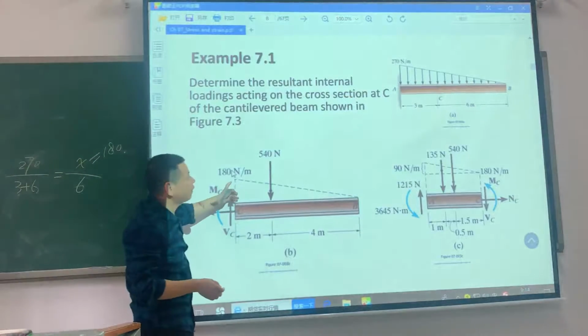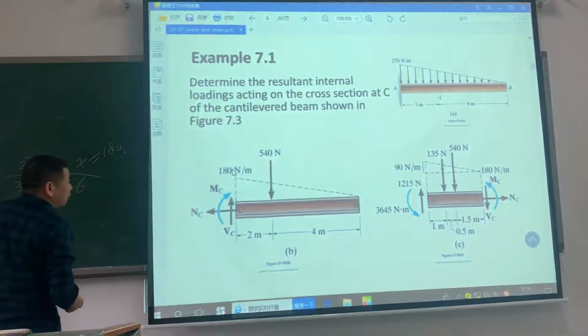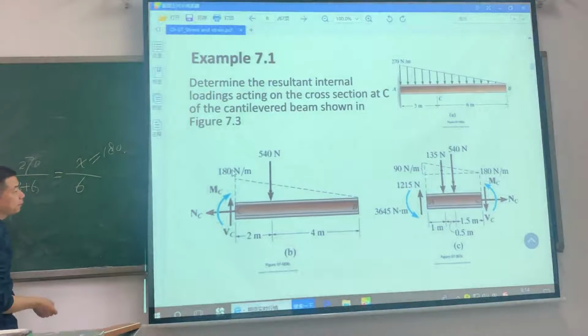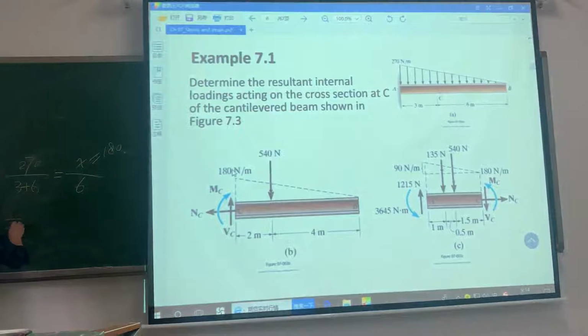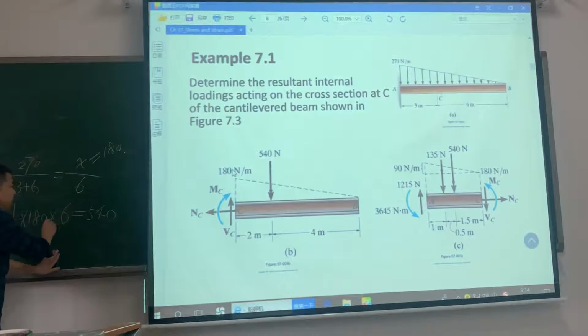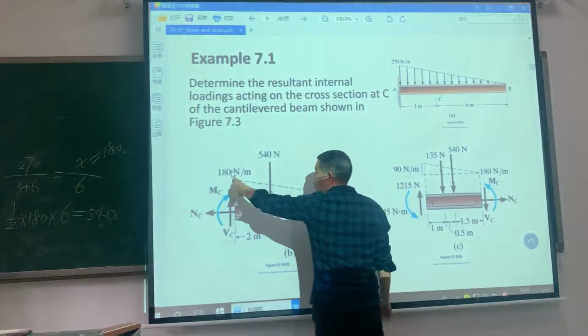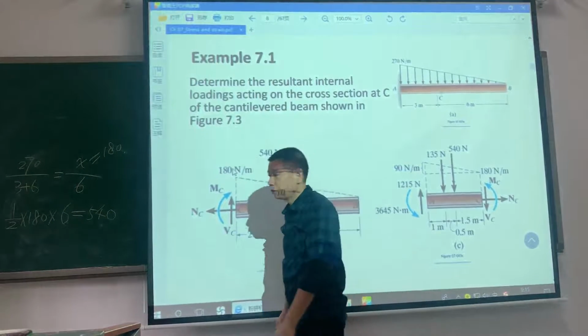Now, let's find the area of the triangle. Area of the triangle is half, 1/2 base times height. The length is 6, now it is 180 millimeters.